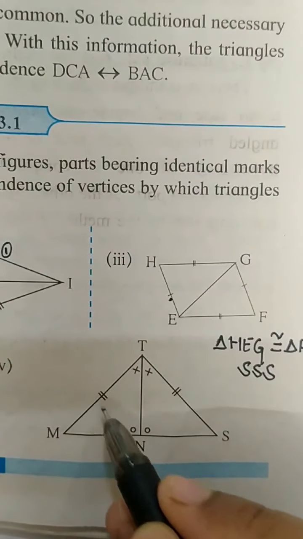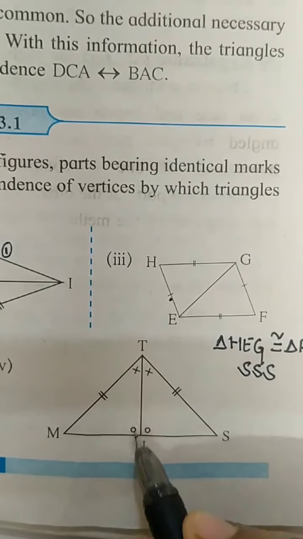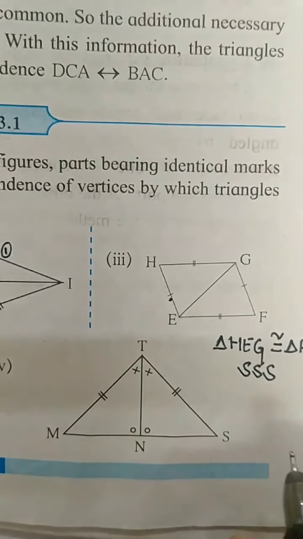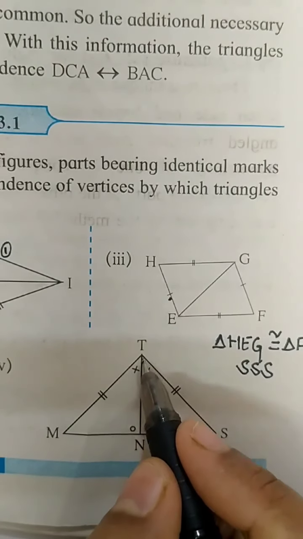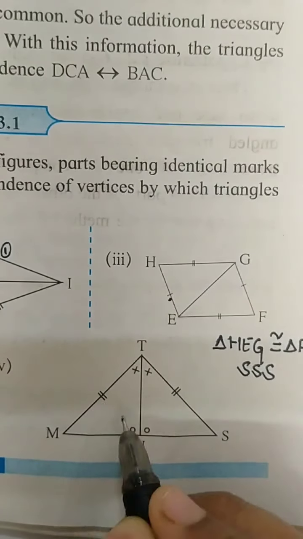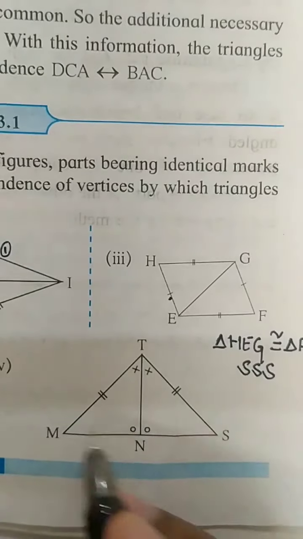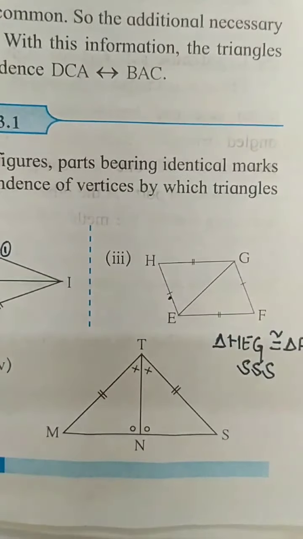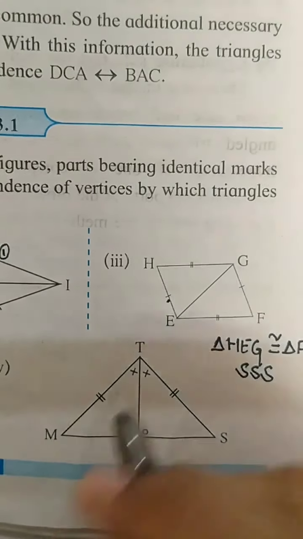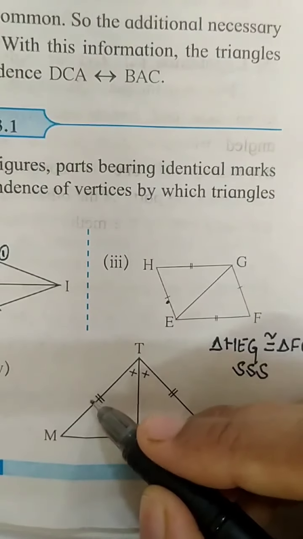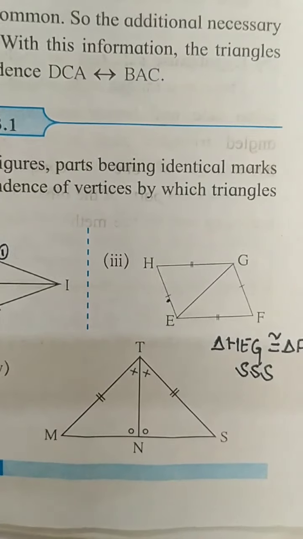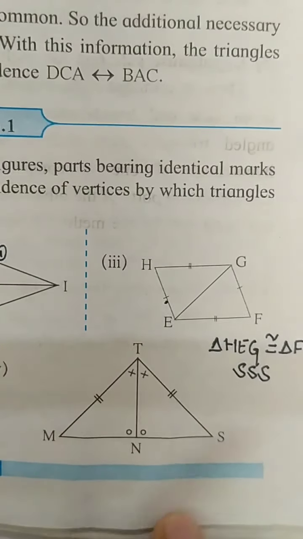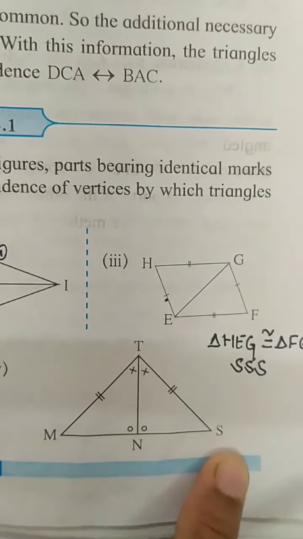S, this means S, A angle and one more angle. SAA test. So triangle TNM is congruent to triangle TNS by the SAA test. Side angle angle test. Or you can also write it as the AAS test. I don't think you will have any doubt in this. Just look at the identical marks and decide the test.